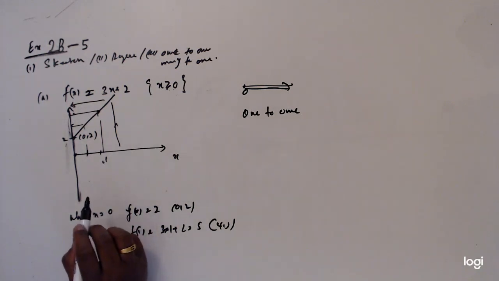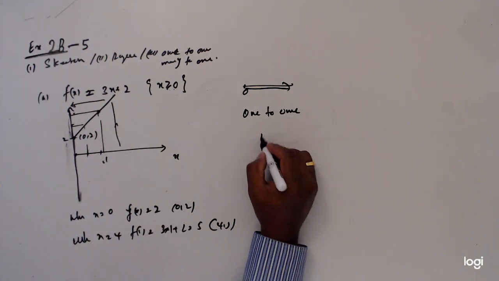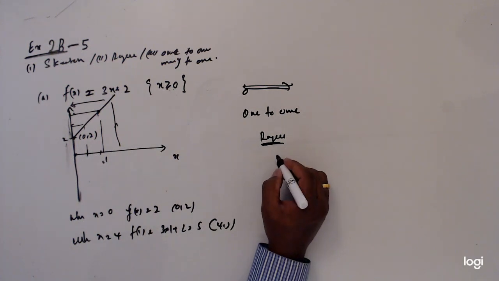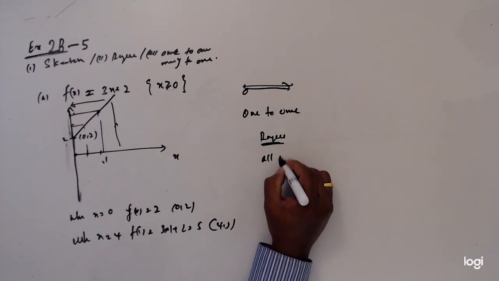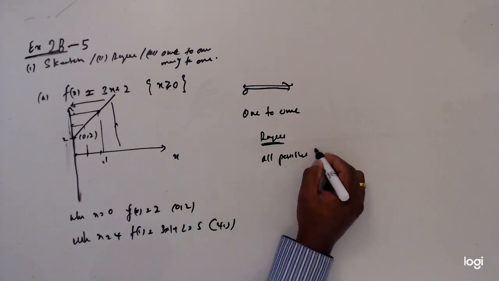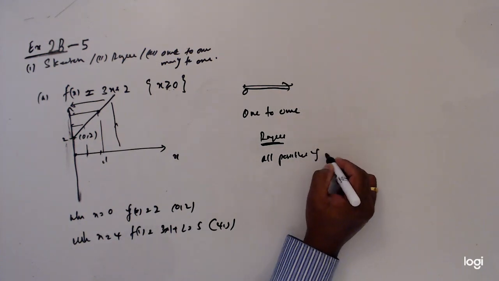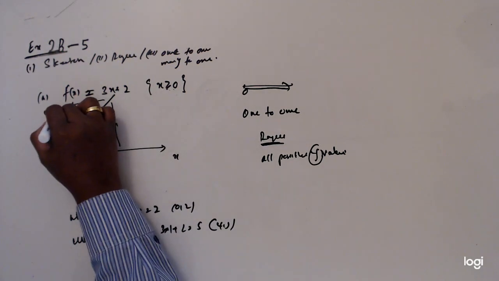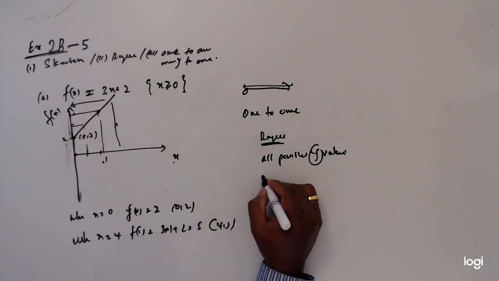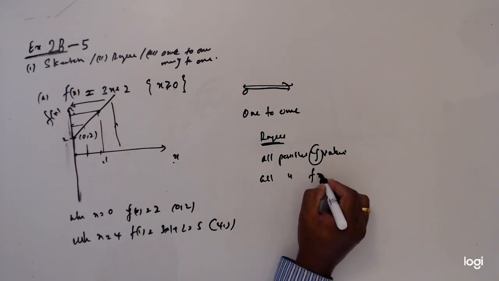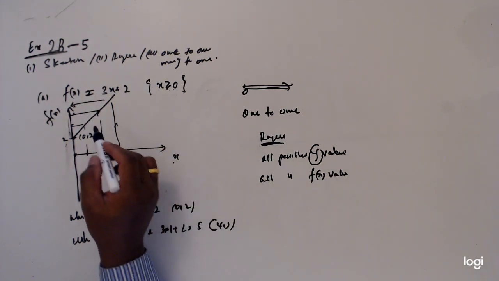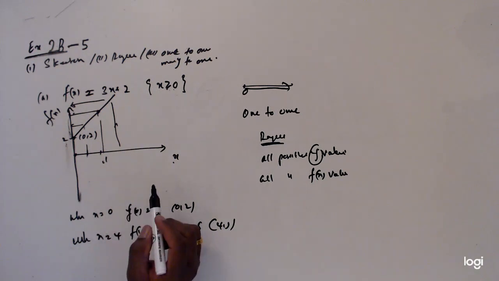Now when you look at the range, it means all possible y values. Y here is the f(x) axis, and this is the x axis. All possible f(x) values.